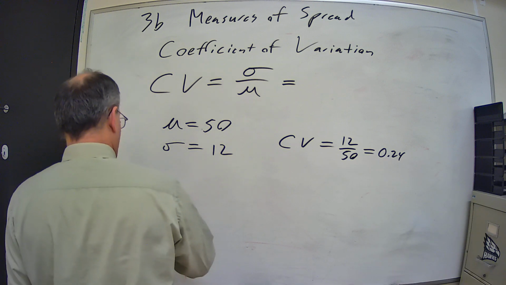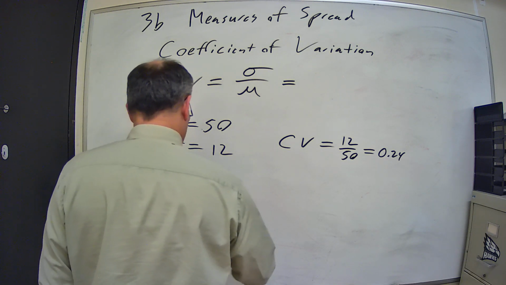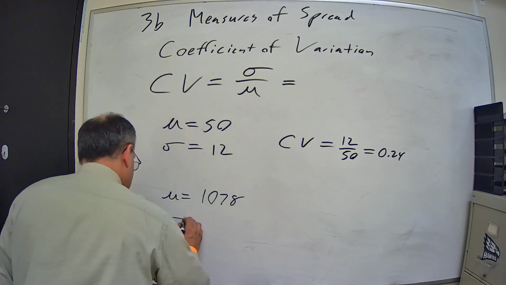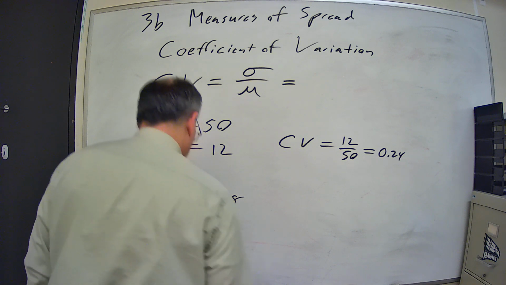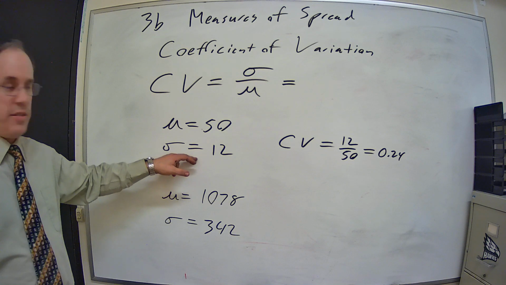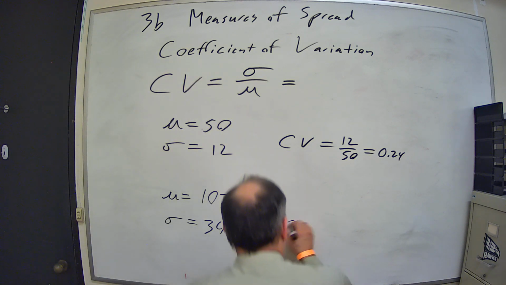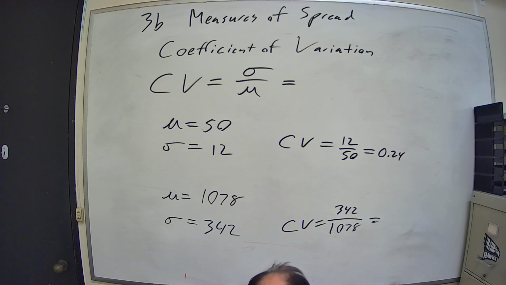Whereas if I have a mean of 1,078 and a standard deviation of 342, notice my standard deviation is huge compared to the previous one, but my coefficient of variation becomes 342 divided by 1,078, which gives me approximately 0.32.